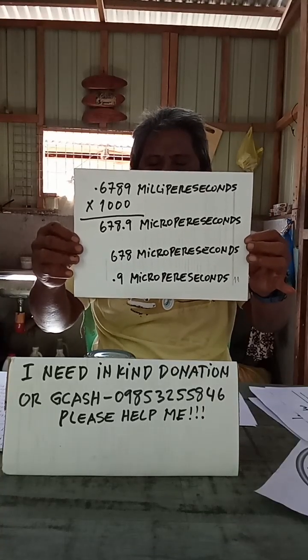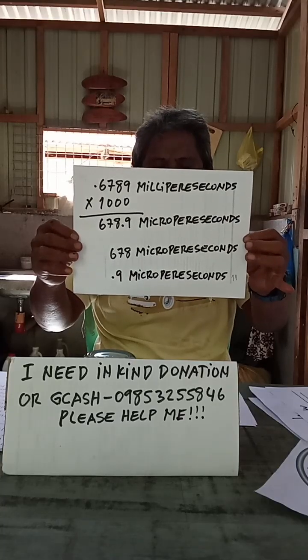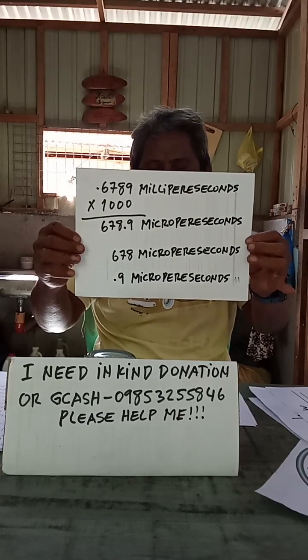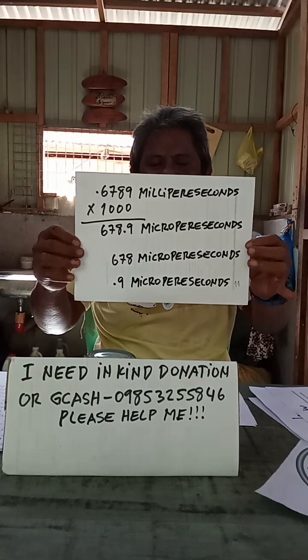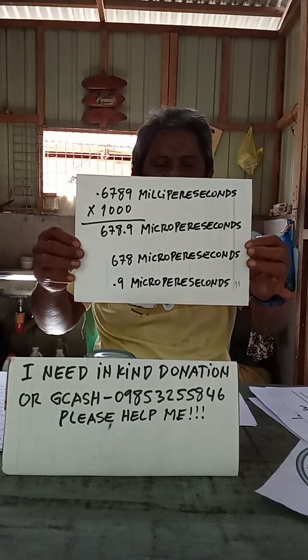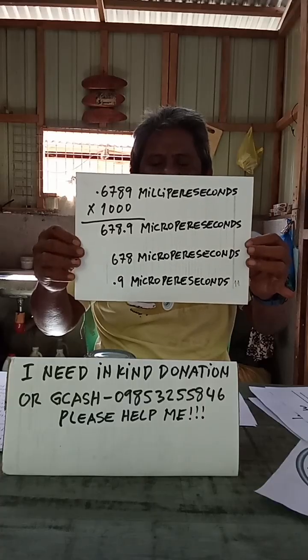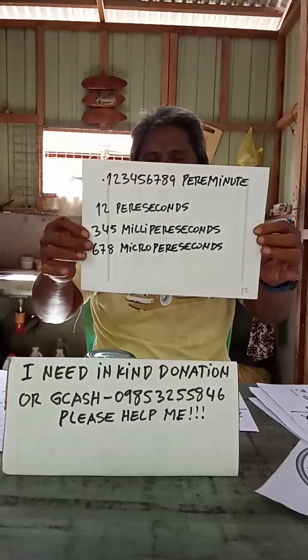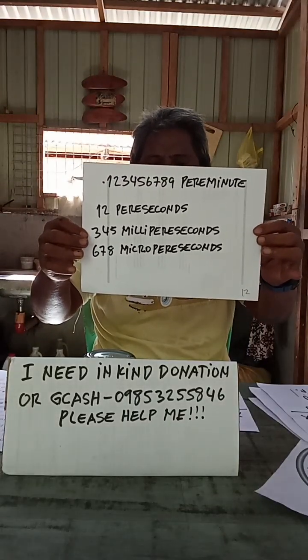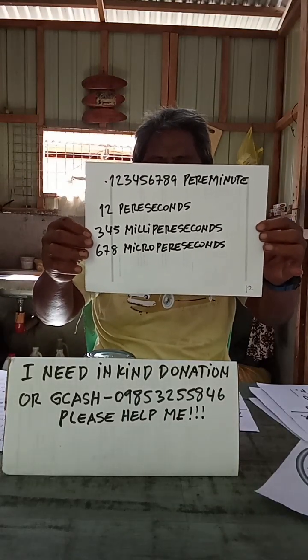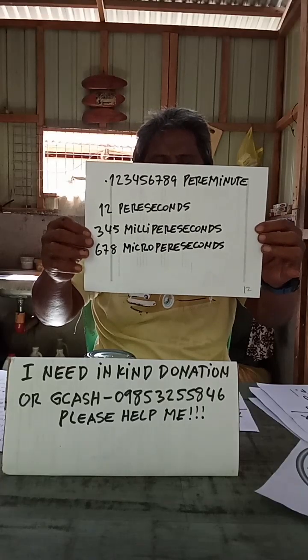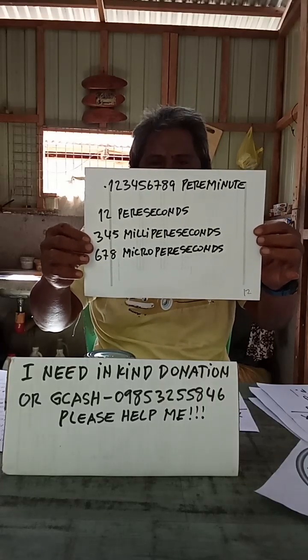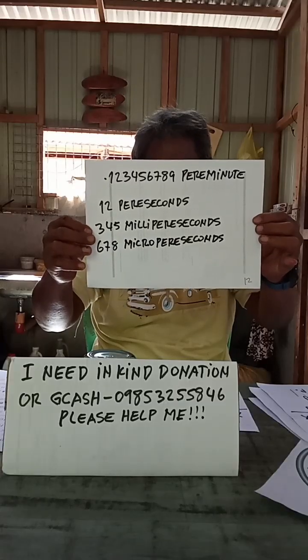So we have now 678 micro per second. Put aside the 678 micro per second, and the remaining is 0.9 micro per second. So, we have now 12 per second, 345 milli per second, 678 micro per second from the decimal per minute.